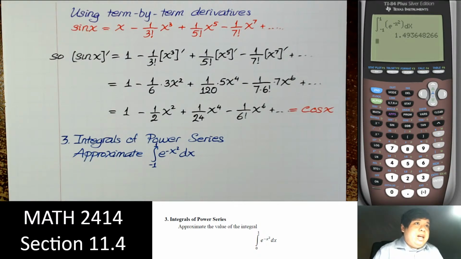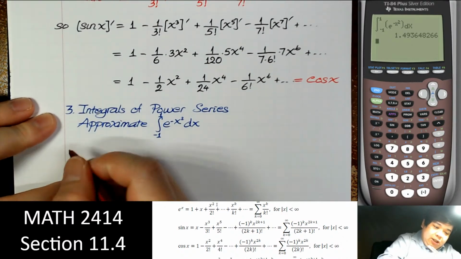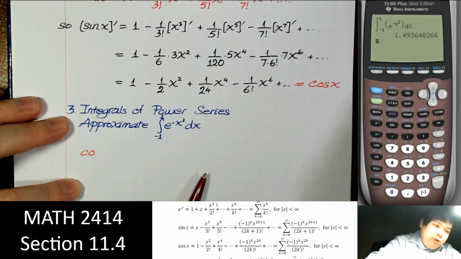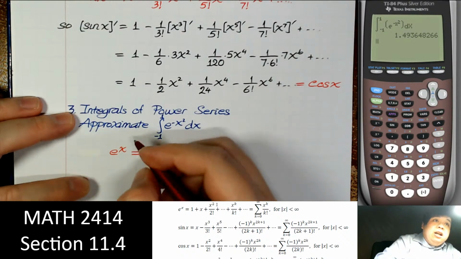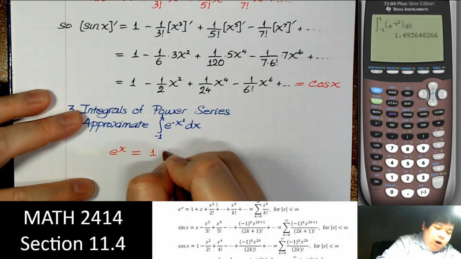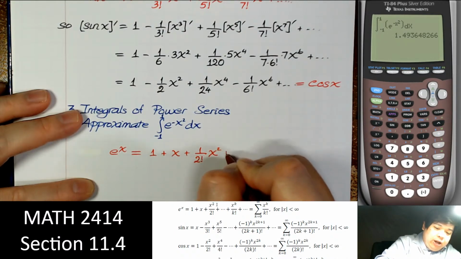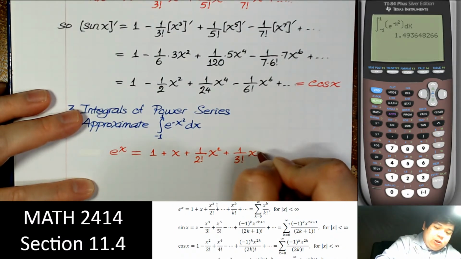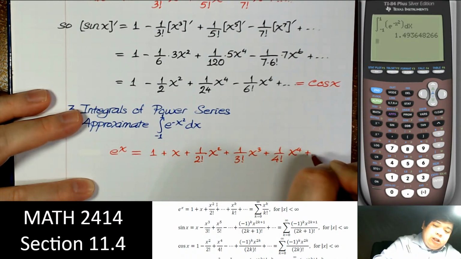First we have e to the negative x squared, an exponential function. Let's write the power series for that. e to the x is going to be this. From the table we have e to the x equal to 1 plus x plus 1 over 2 factorial x squared plus 1 over 3 factorial x cubed plus 1 over 4 factorial x to the 4th, and so on.